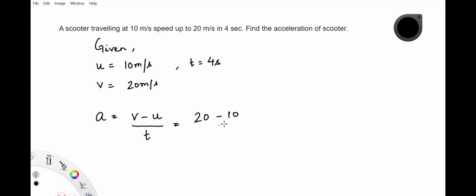The initial velocity is 10 meter per second, and the time that's given to you is 4 seconds. So the acceleration is 10 by 4, which is 2.5 meter per second square. Simple, very simple.